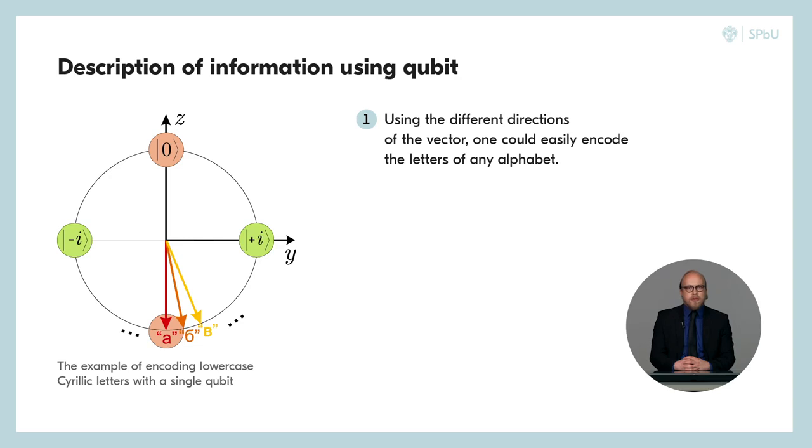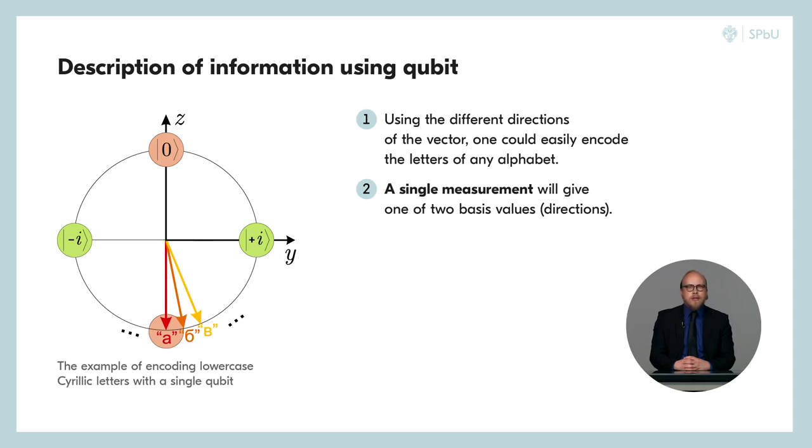If we could experimentally distinguish individual states of a qubit, that is, specific values of theta and phi angles, then with just one qubit we would be able to encode any letter of any existing alphabet. For example, in order to transfer any lowercase letter of the Cyrillic alphabet with the help of a single qubit, we would need 33 different states of it. For example, this is done on the slide. For comparison, we recall that the encoding of every lowercase Cyrillic letter requires 6 ordinary bits of information.